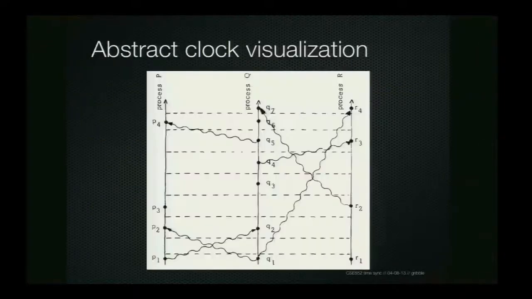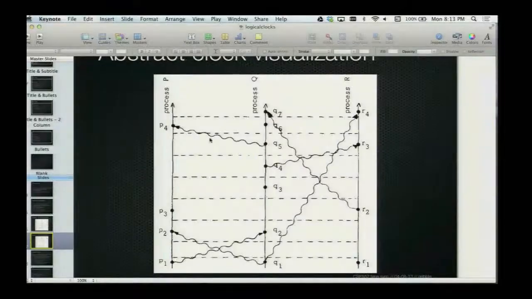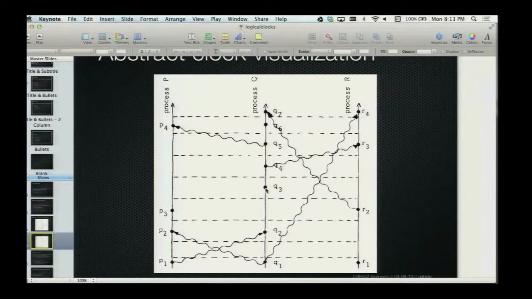No. Somebody point out to me a case over here where it's not true. Where the timestamp of an event B is larger than the timestamp of A, but there's no happens-before relationship. Q3, P3. Yeah, Q3 and P3. So over here, Q3's clock timestamp is larger than P3's. There's a tick between them, but there's no causal relationship between them. So causally, they're concurrent. But in terms of logical time, one happened after another. Is that a problem?